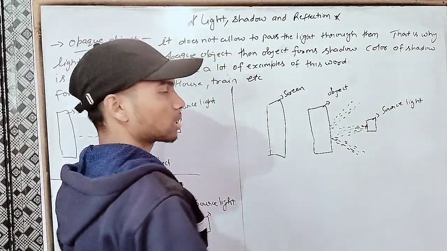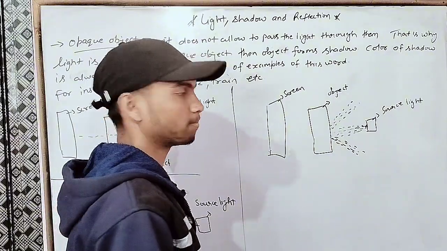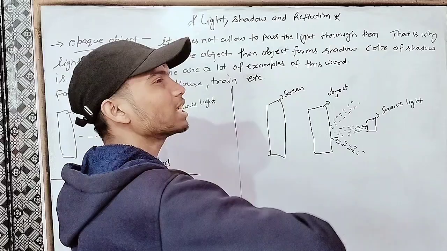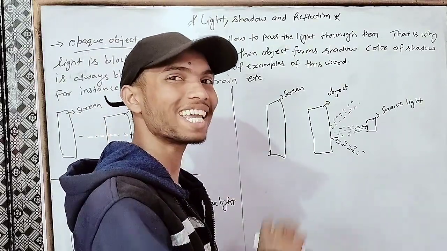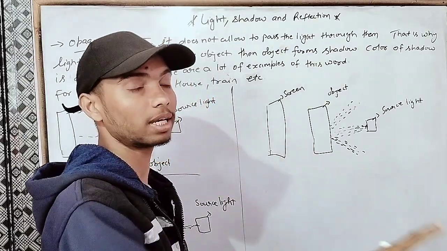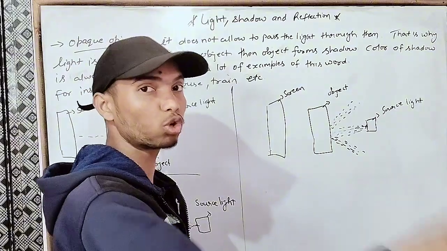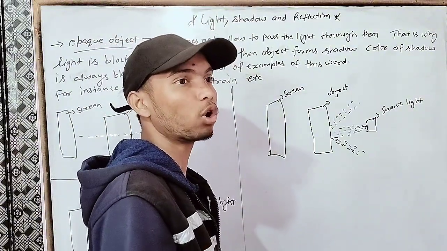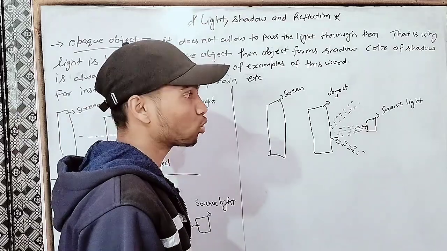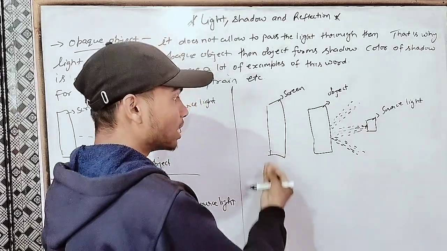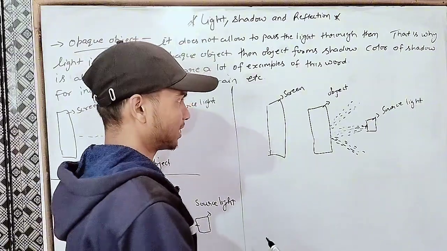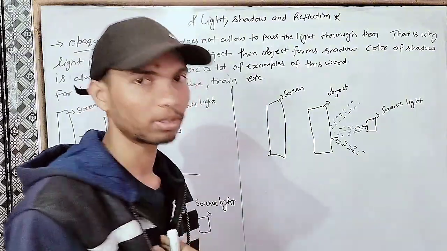Okay. And a second example: I am here. We are not able to see anything behind the object, the area behind the object. So those objects will be considered opaque objects. There are a lot of examples of this diagram, of this object. Clear? I am here.